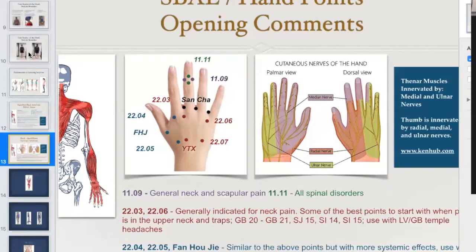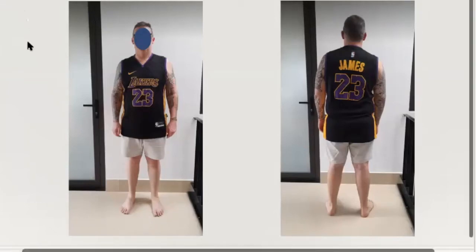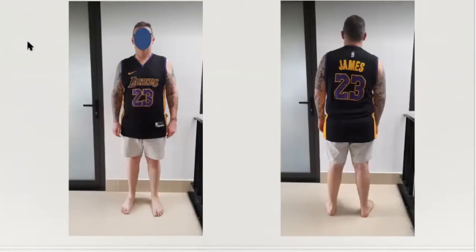This is a guy I just saw the other day. Now, I didn't put this one in the course because he just came in the other day. I was treating him for lymphoma last fall, and then he came in and I gave him herbs for that, and he's happy with the results. We got rid of some of the symptoms that he was having, and then he came back and he's seeing me for neck pain now.